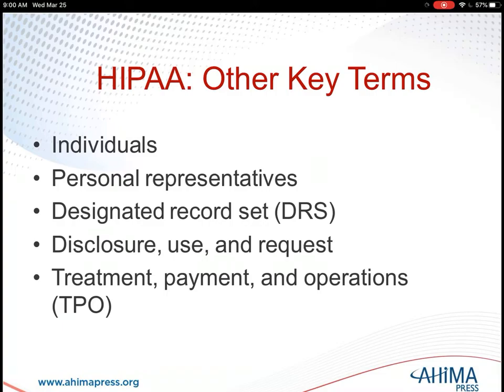And then another caveat here, we gave you the example of a husband and a wife. If there is suspected abuse or neglect of the individual, then the personal representative rights would endanger that person. So let's say that wife goes to the hospital and she says that her husband has been abusing her, and he's her personal representative and he goes to the hospital and he requests her medical records.